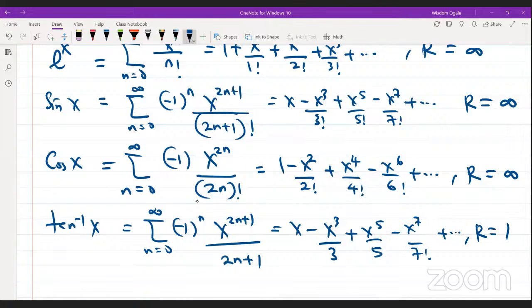But the radius of convergence is 1. So these are important ones which are good to point out to you for you to really see them.